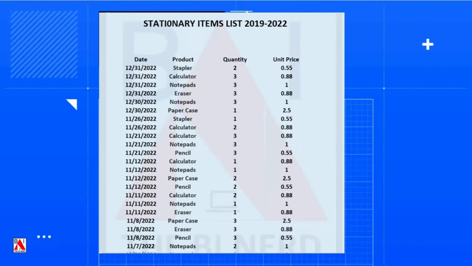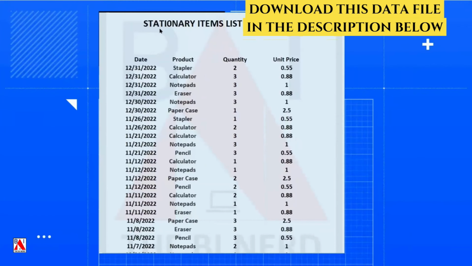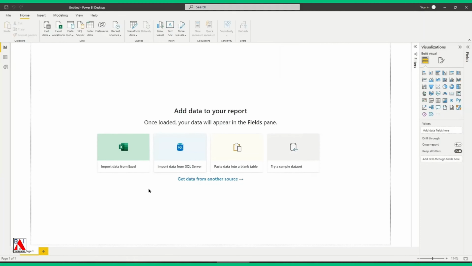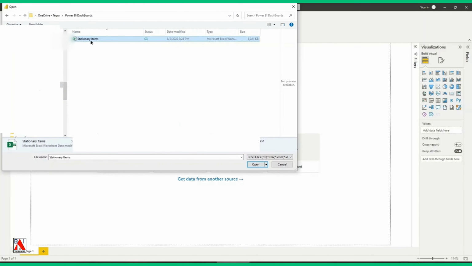Let's look at our data first. Here we have a list of stationary items. We have columns for date, product, quantity, and unit price. We will start by importing data from this Excel file. To do that, click on the Excel icon on the canvas.